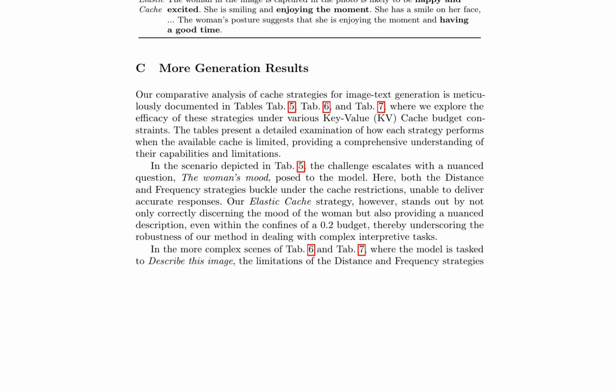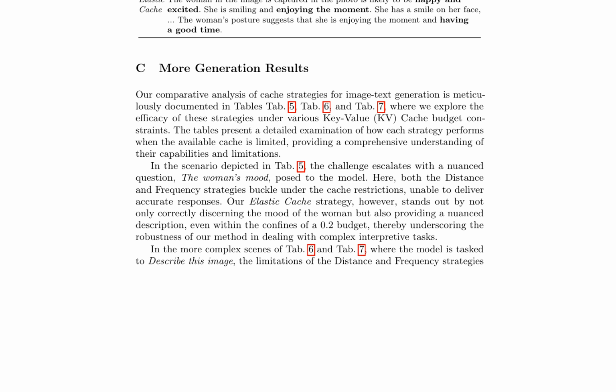Tables 5, 6, and 7 evaluate the efficacy of each strategy under various key-value cache budget constraints, providing a comprehensive understanding of the capabilities and limitations of each strategy when the available cache is limited. Under a 0.2 cache budget, the Elastic Cache strategy correctly discerns the mood of the woman and provides a nuanced description, whereas the distance and frequency strategies struggle to deliver accurate responses.